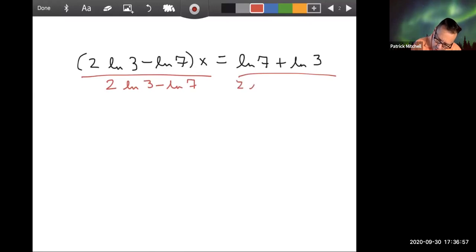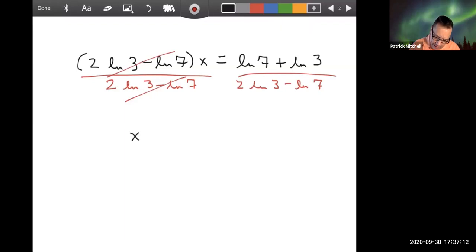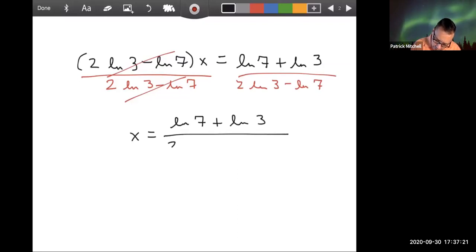Believe it or not, this is the end. So the exact solution to this equation is x equals natural log 7 plus natural log 3 over 2 natural log 3 minus natural log 7.